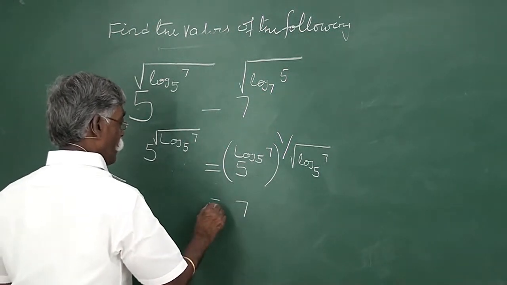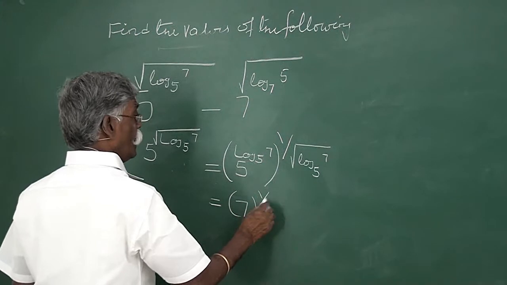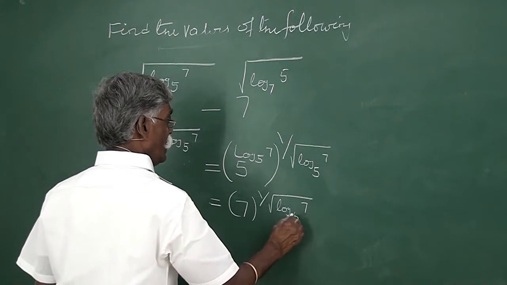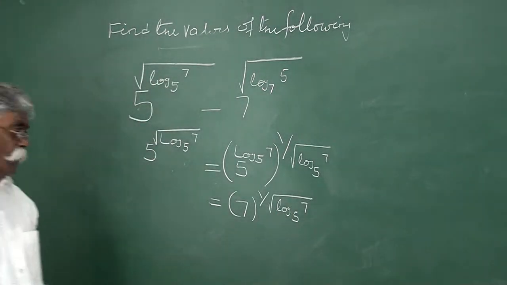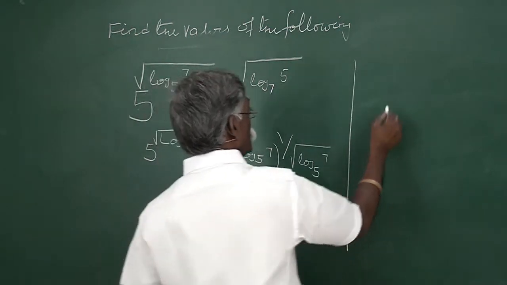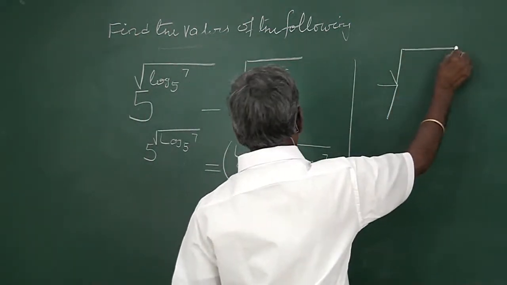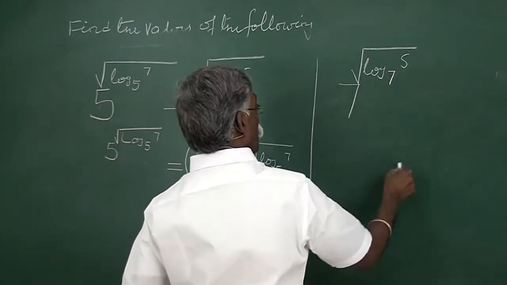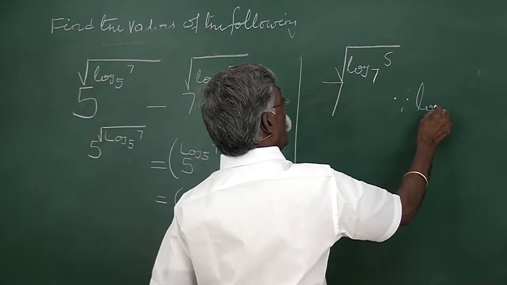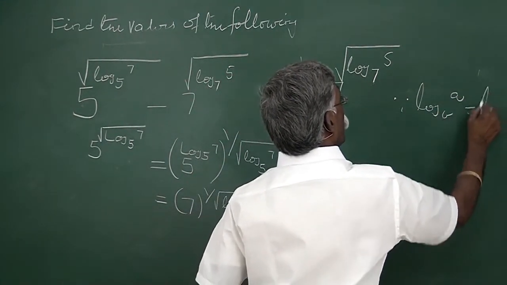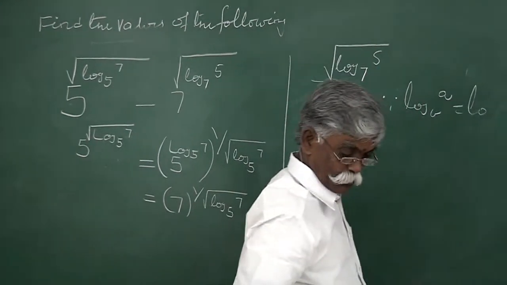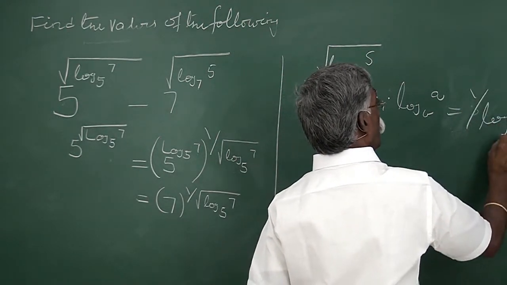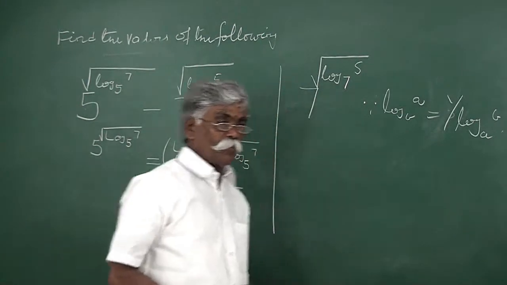therefore this is 7 power 1 by square root of log 7 to the base 5. Now this is equal to 7 power square root of log 5 base 7, since log a base b is equal to 1 by log b base a.